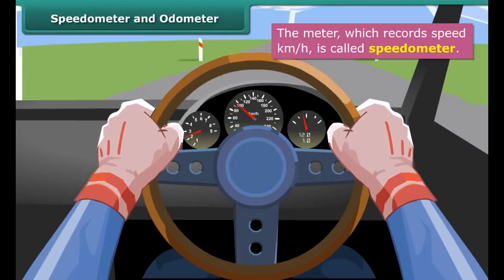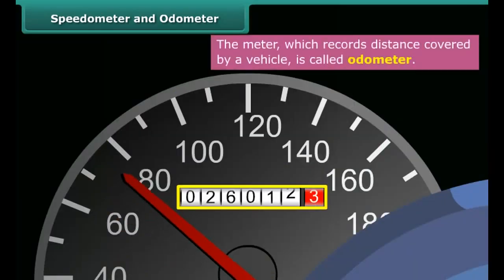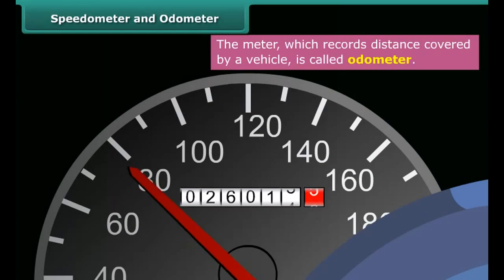Do the meters and indicators in front of the driver's seat of your father's car scare you? Now they won't. Straight beyond the steering wheel are 2 meters. The circular dial, which looks somewhat like a clock with needles and numbers, is the speedometer. When the car is in motion, one needle points to a particular number in the speedometer.